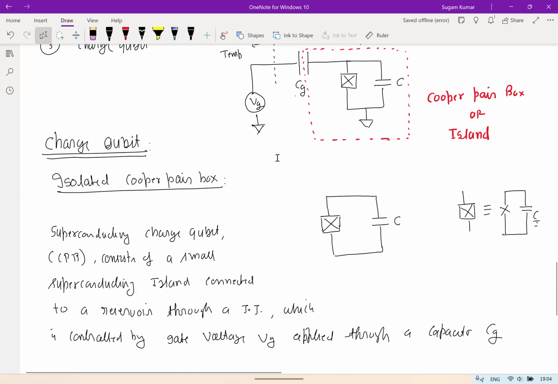And that is the structure you already know here. So what is the CG here, what is the VG here, you know.